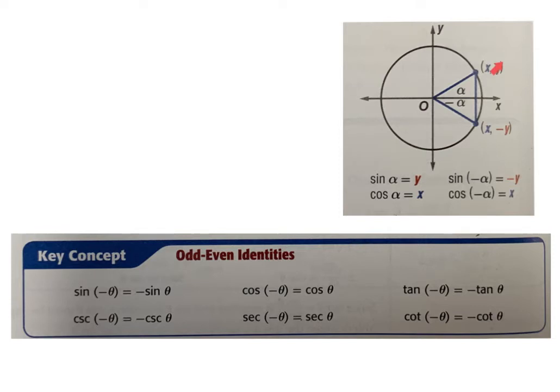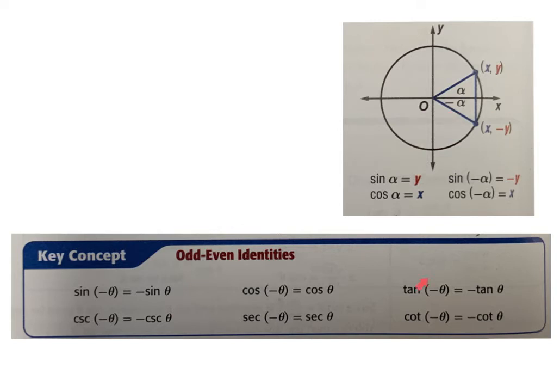So the cotangent and tangent would go from positive to negative as well if you did a negative angle. So if, let's say I go up 30 degrees, my sine and cosine are both positive. If I go down 30 degrees, I'm going to have the same numbers, but my sine is now negative, right? Up 30 degrees, my tangent is positive. Down 30 degrees, it's going to be the same exact number, but it's going to be a negative tangent.